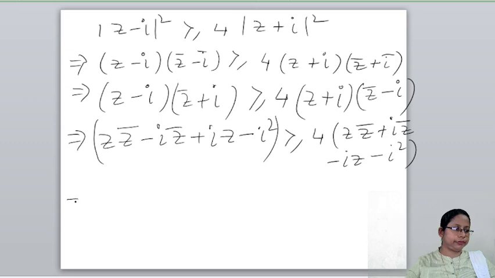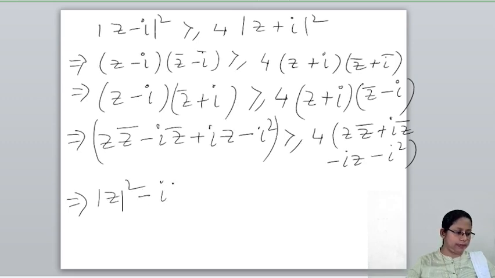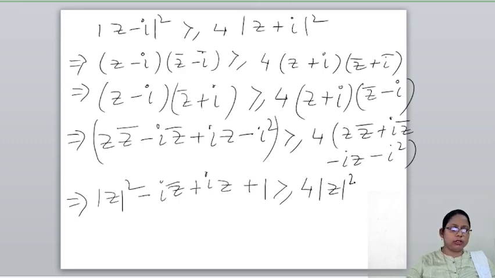Here you will get modulus of z square minus i z conjugate plus i z minus i square, and i square is minus 1, that is plus 1. Here 4, then plus 4i z conjugate minus 4i z minus 4 plus 4.